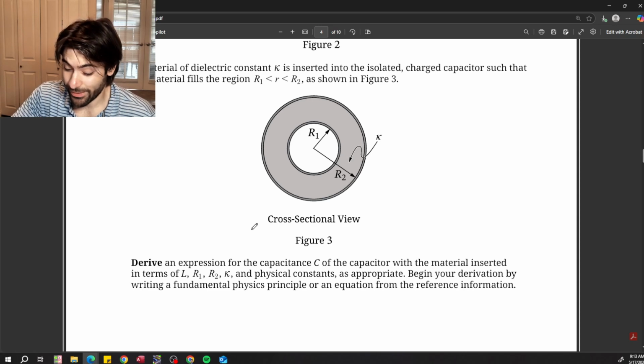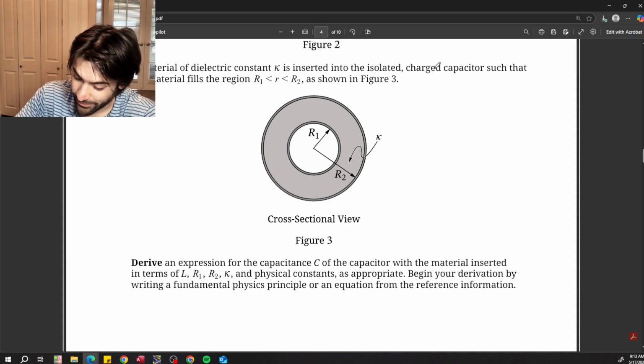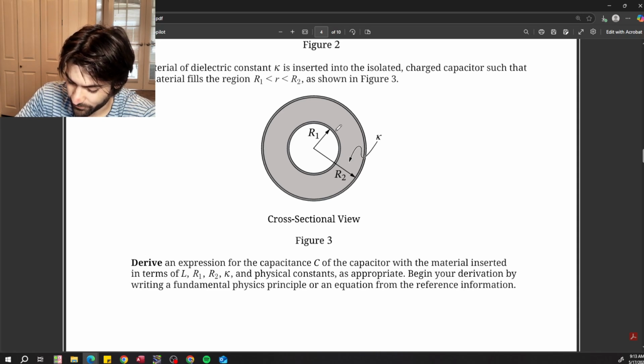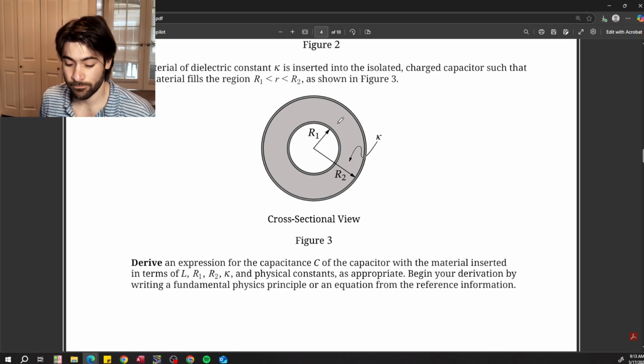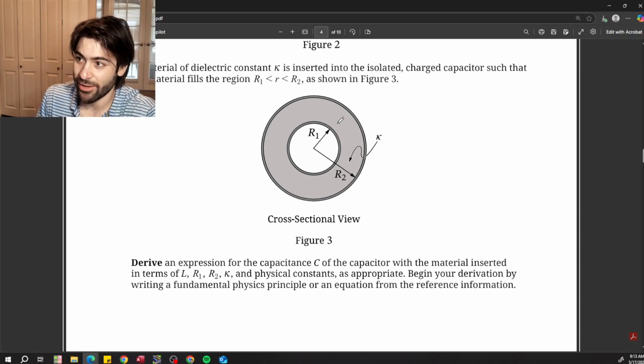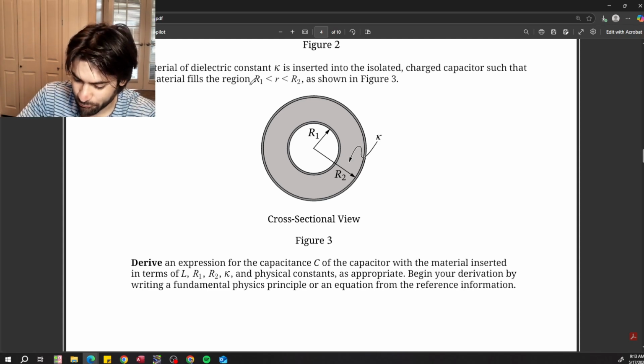Now they've thrown in, instead of air, some material of dielectric constant K inserted between the two coaxial cylinders. So remember that the dielectric constant allows you to increase the capacitance. It's a linear relationship, so say your dielectric constant is 2, then you have twice the capacitance as you would without it.